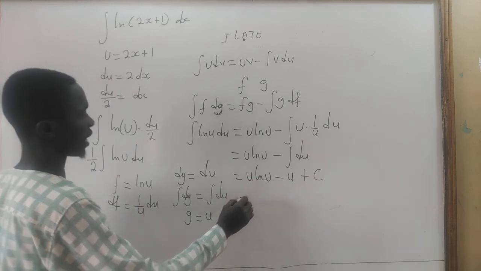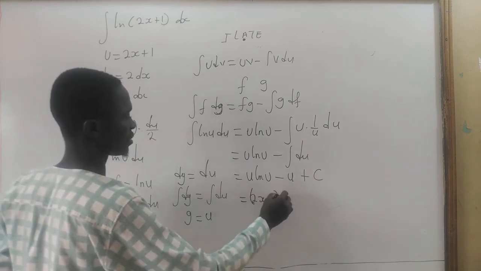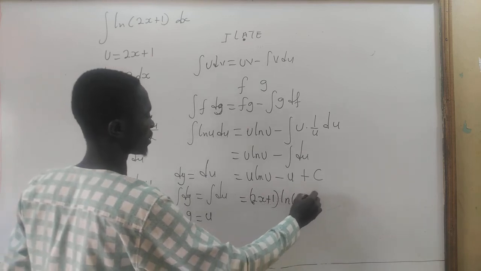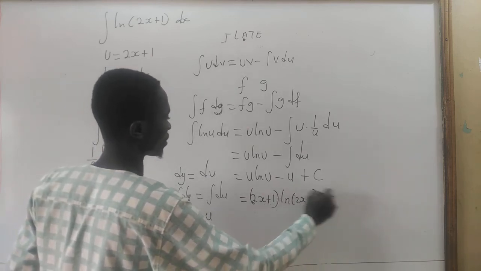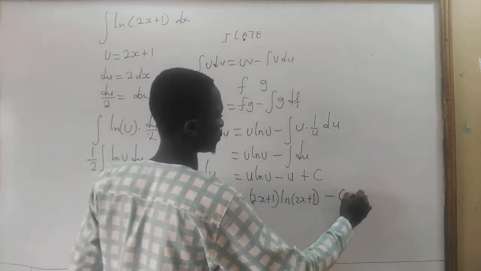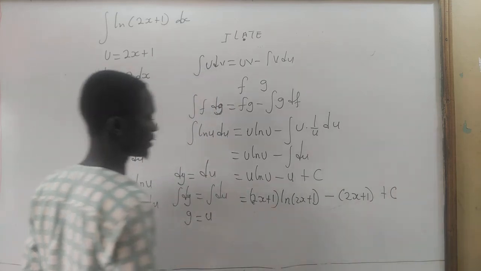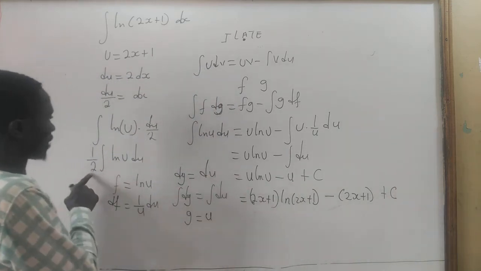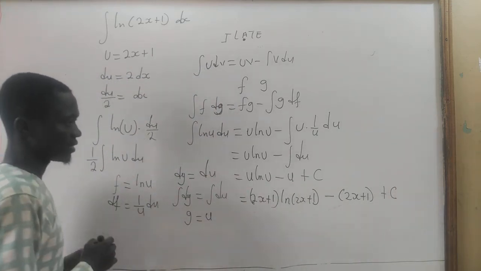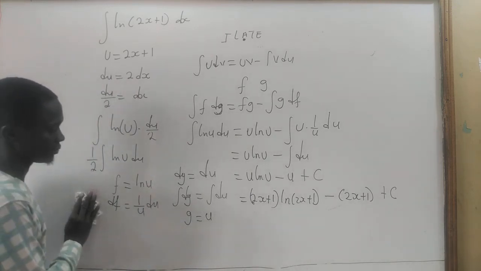Now we are going to have this to be 2x plus 1 times natural log of 2x plus 1 minus u, and u is 2x plus 1, plus the integral constant c, and we have half multiplying it. So let's put it here and then we put the half there.